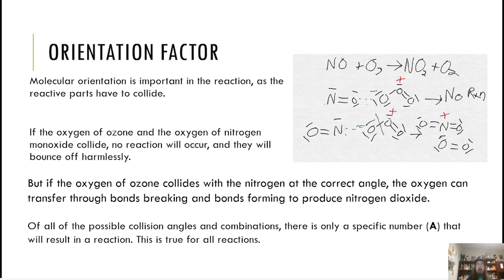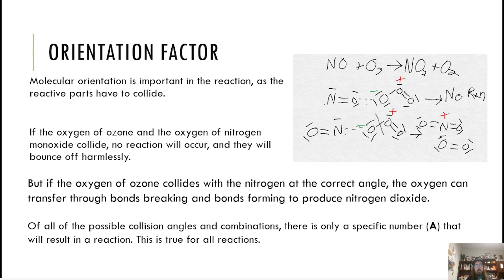Now the orientation factor will be considered in the equation by using a constant A. The constant A for a given reaction takes into account all the possible collision angles and combinations, and says there's a specific number of possible collisions that could make this reaction occur, assuming they have enough energy. And that factors that in.